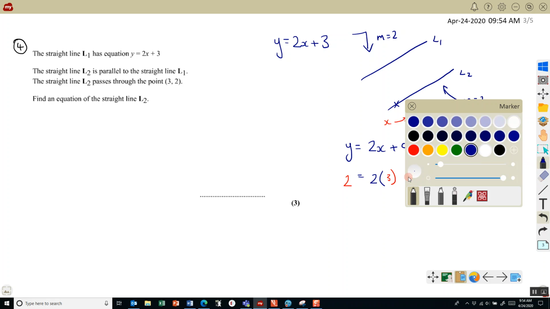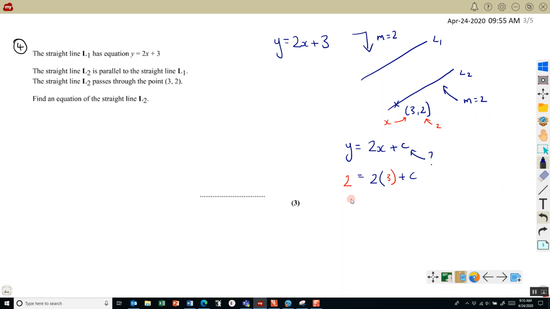And I'm trying to work out what c is. So that's 2 is equal to 6 plus c. I need to figure out what c is, so subtract 6 from both sides, and I get c is equal to 2 take away 6, which is negative 4. So my equation is y equals, the gradient is 2, 2x minus 4. Hopefully you got that.